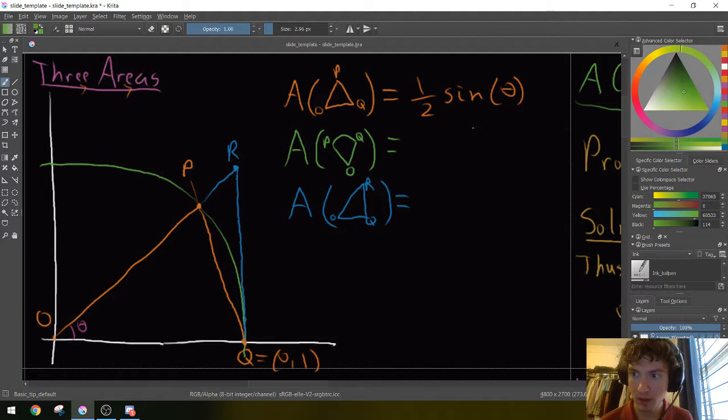Let's see, it's pi times theta over 2 pi, right? I just simplified the thing up there.